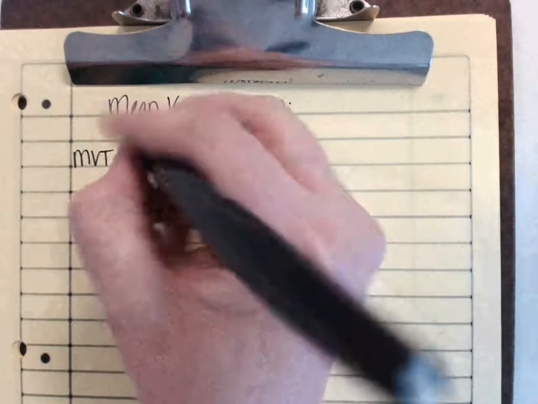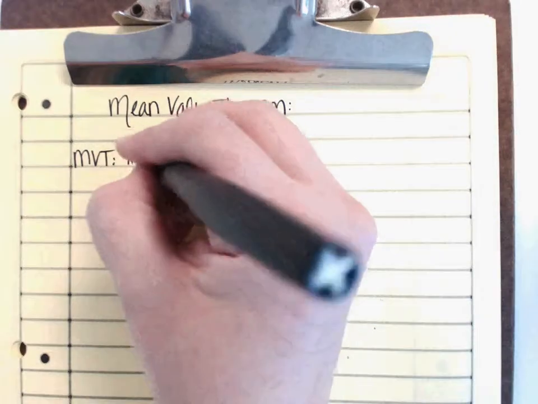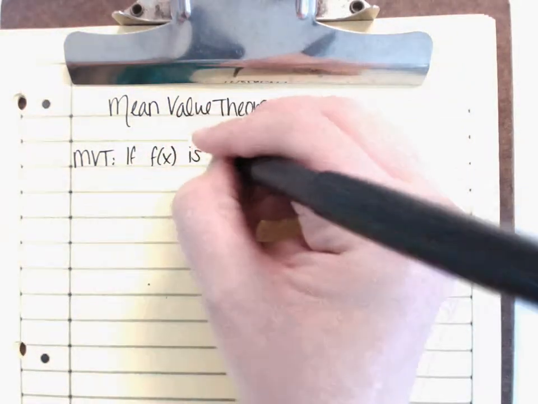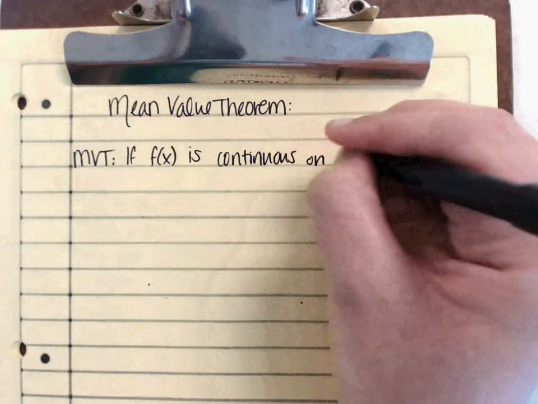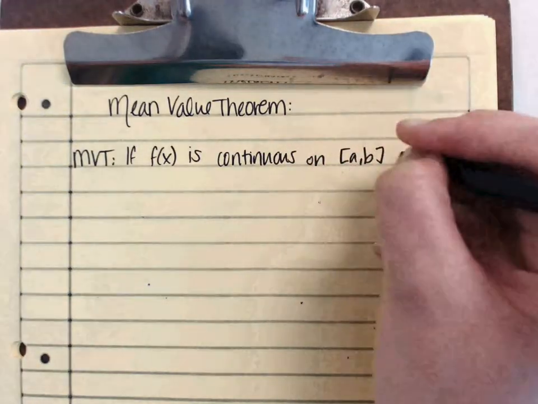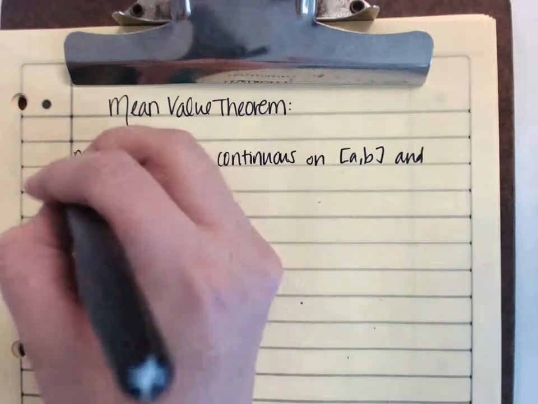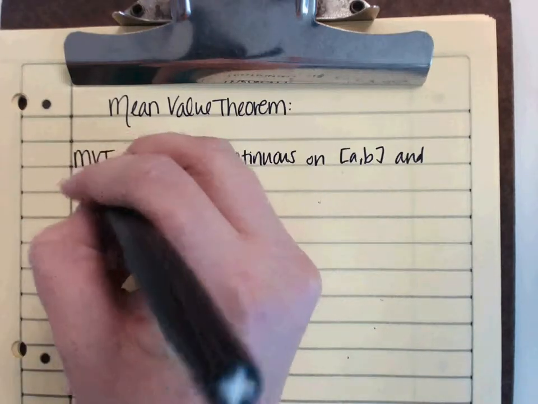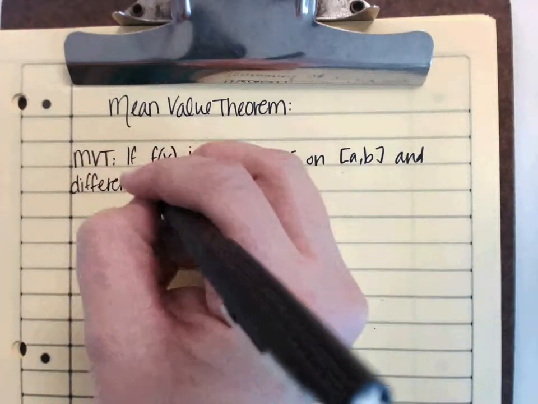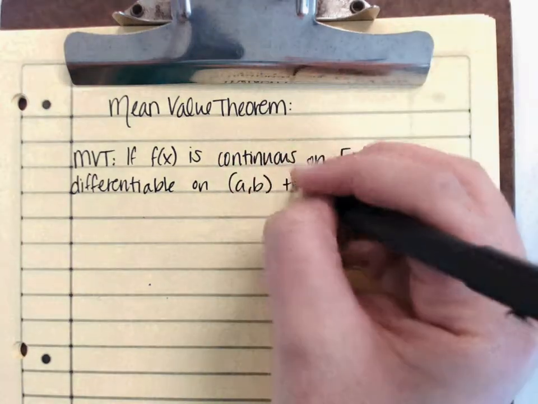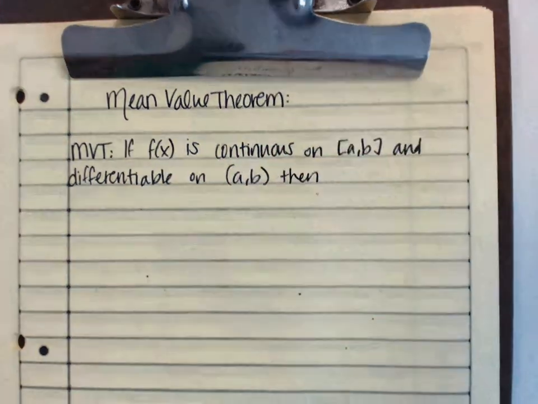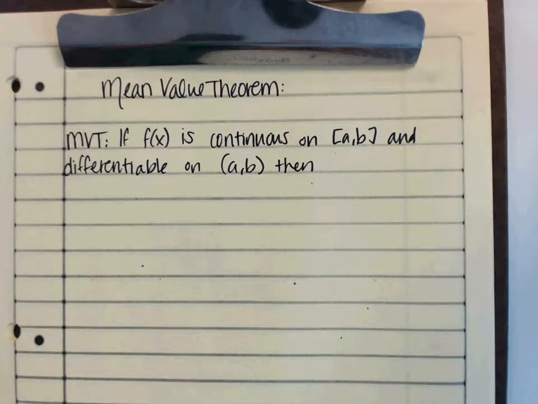Mean value theorem says if f of x is continuous on a to b and differentiable on a to b open, then, so all it has to be is continuous with the endpoints and then differentiable between the endpoints.